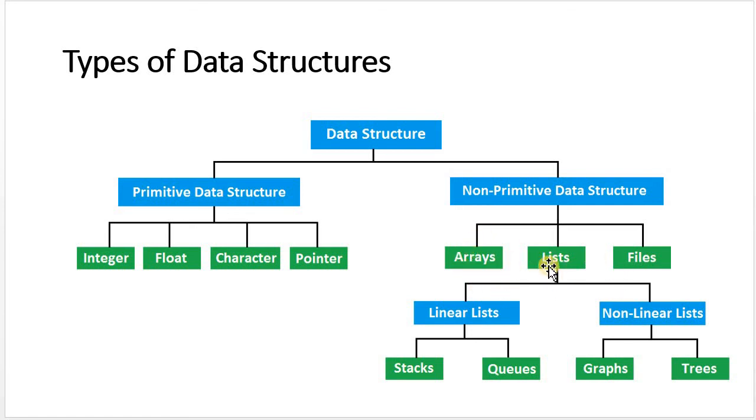The arrays and lists can be a linear list or non-linear list. Linear means a sequential order and non-linear means a non-sequential order. Stacks and queues are the two data structures which come under the linear list. Graphs and trees come under the non-linear list.